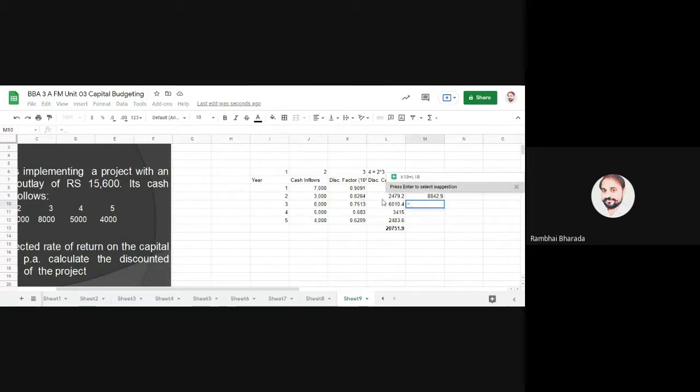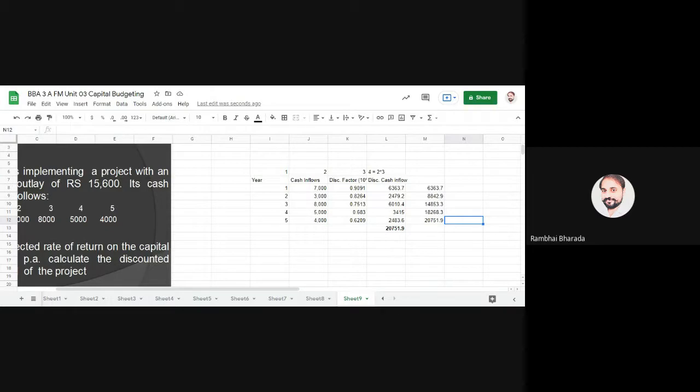For the next year we have 14,853, and in the next year we have 18,268.3. In the fifth year we have 20,751.9.